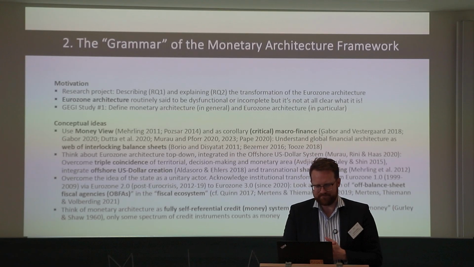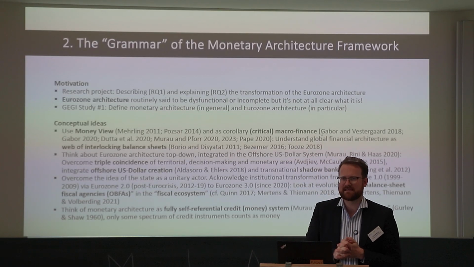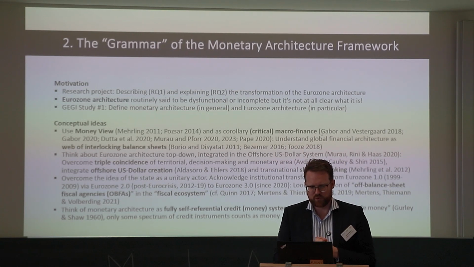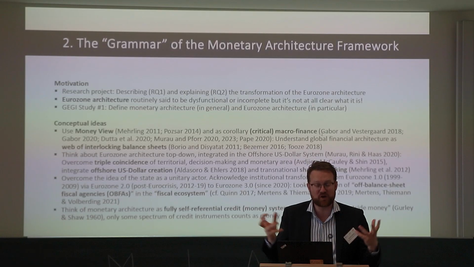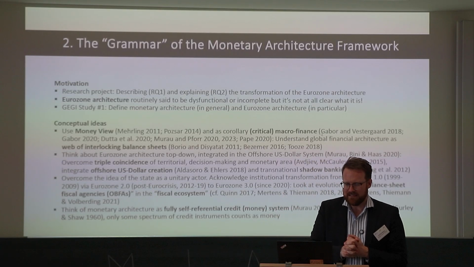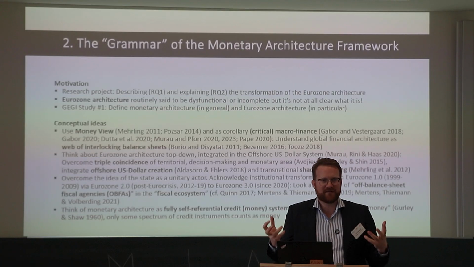And then the last thing, when mapping these big monetary architecture figures, was to have the criterion that it can only be true if it's closed, right? If every asset has at least one corresponding liability. And in that sense, it's a fully self-referential system.